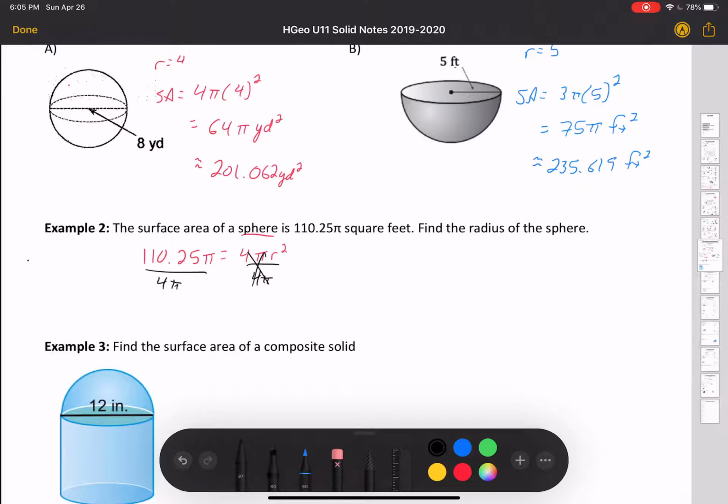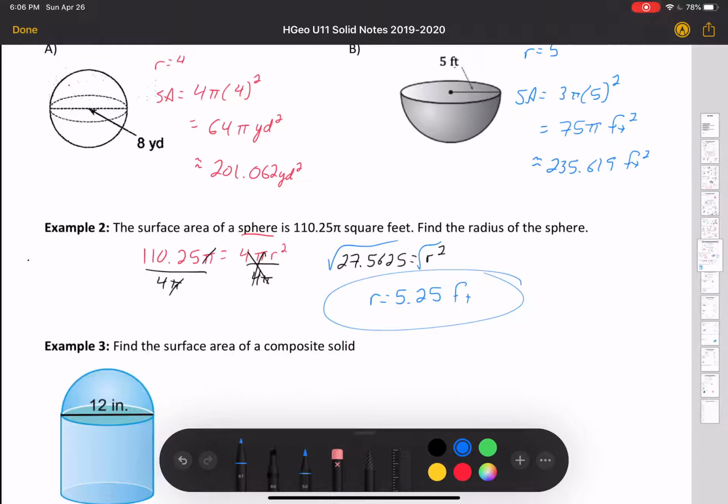So 110.25 pi divided by 4 pi. The pi's are going to cancel out and leave us with 27.5625 is equal to r squared. We are going to square root both sides. And when we do that, the radius is going to be 5.25 feet.